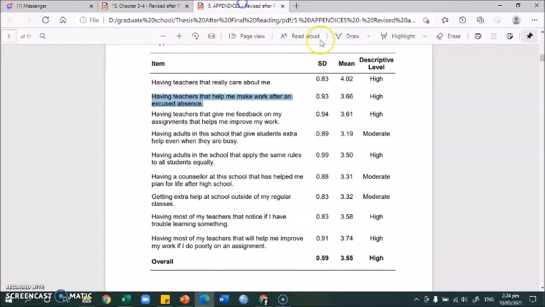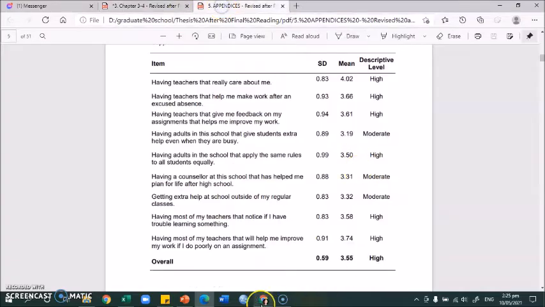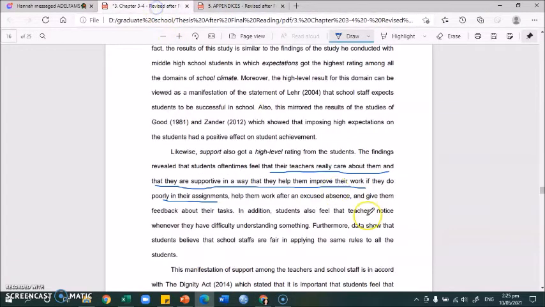So, saan yan? Andito din yan. Assignments, notice, saan yan? Ayan. Okay. Having most of my teachers that notice if I have trouble learning something. Okay. And then, yun ba yun? Having difficulty understanding something or having trouble learning something. So, para sila ng thought na nirephrase na.